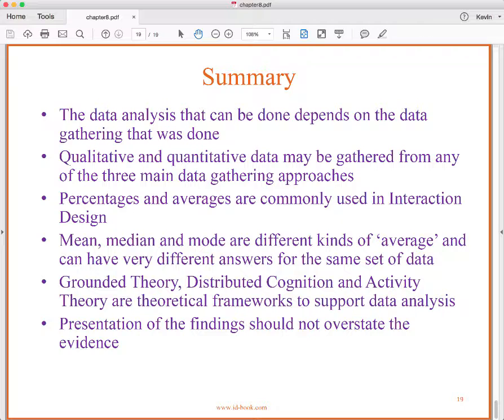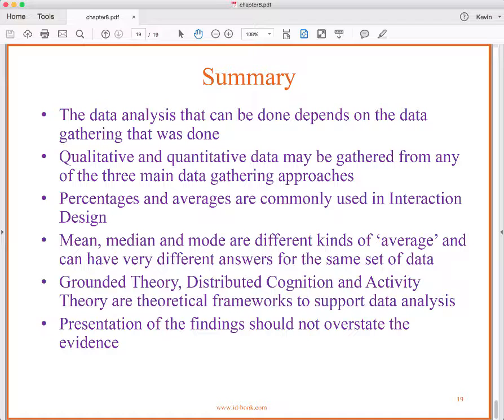In a survey or an interview, we have a lot of open-ended questions that are going to have that qualitative quality. And in recording the results of our observations, we probably are going to be writing up some things that are more prose oriented that are going to lend themselves to qualitative analysis.